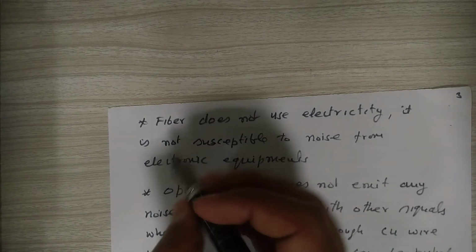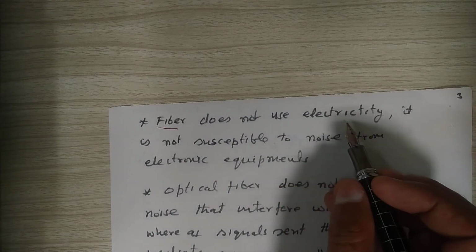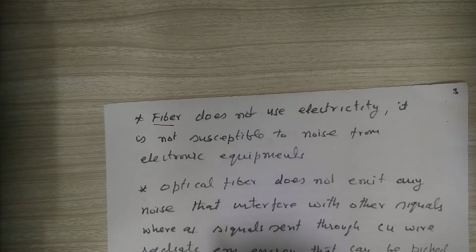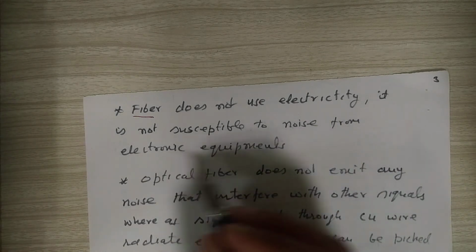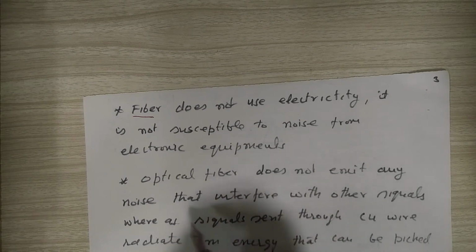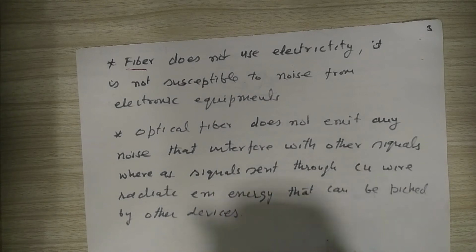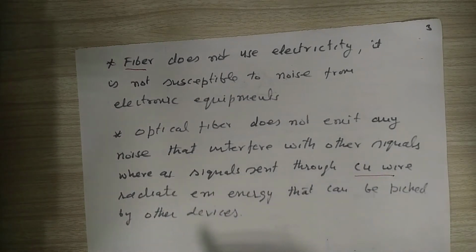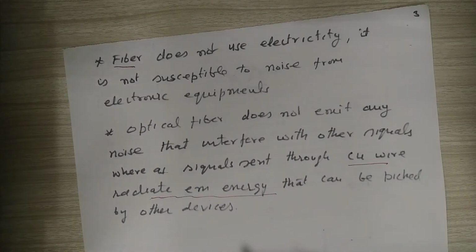And in fiber, as you know, only light is propagating through the fiber. So they do not use electricity. If they do not use electricity, it means that they are not susceptible to the noise from electronic devices. For example, in the copper wire system, when current is passing through the copper wire, these wires radiate electromagnetic energy.